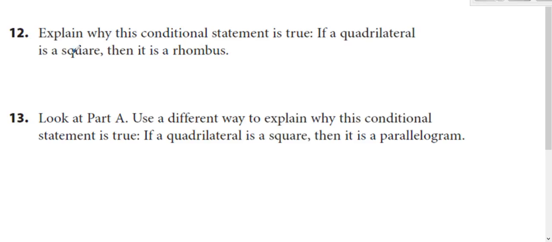If a quadrilateral is a square, then it's a rhombus. Let's go through pretty much the same explanation. Since it's a square, squares have four congruent sides.